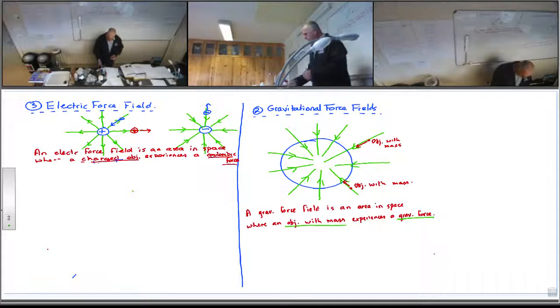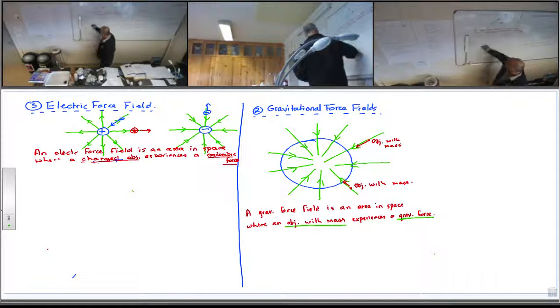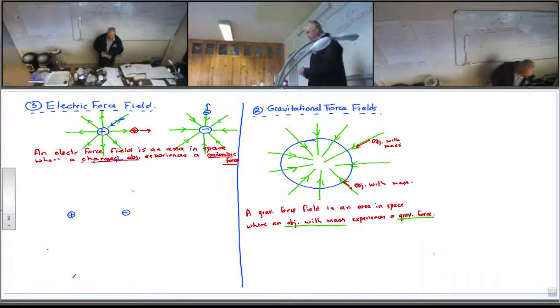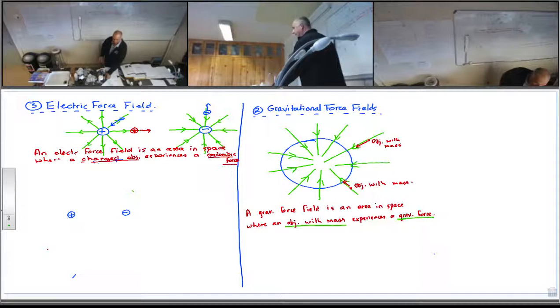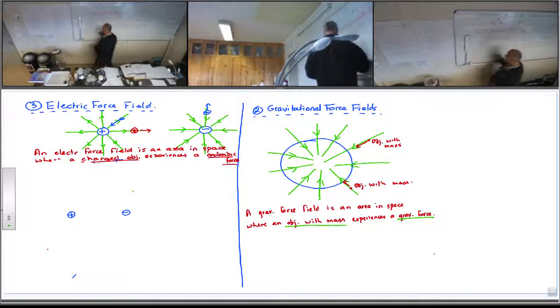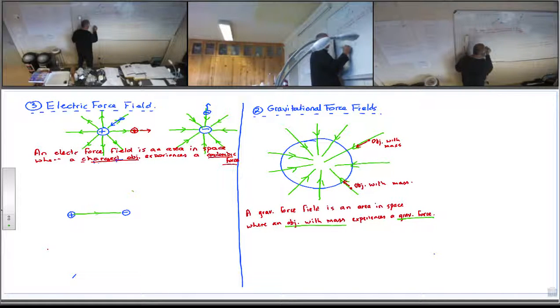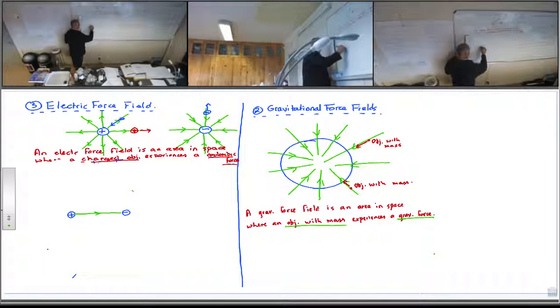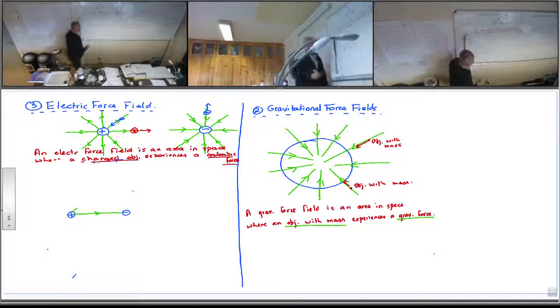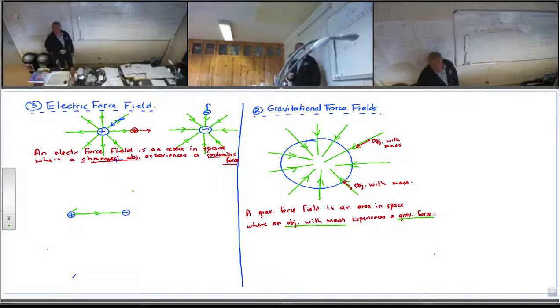What would happen if I had a positive particle there and a negative particle there? What would my force field lines look like? From the positive to the negative, because we know they run out of positive and into negative. So to run something like that. This line that was originally coming out that way, where would that one go? Like straight to the negative.